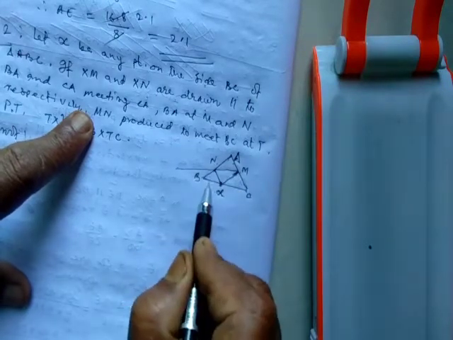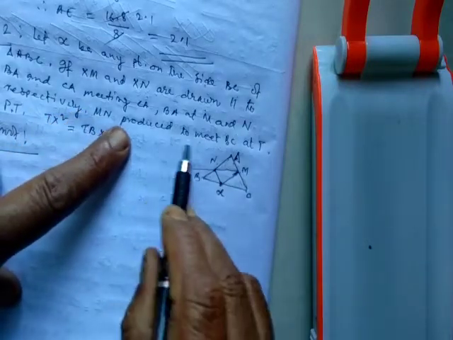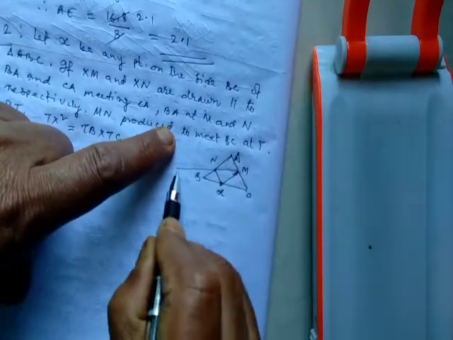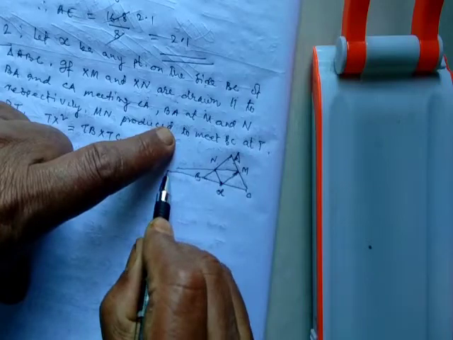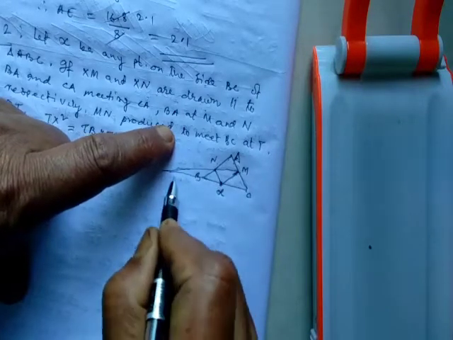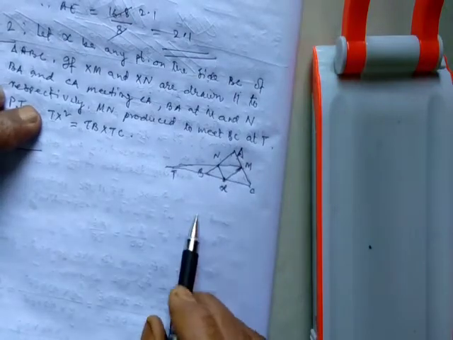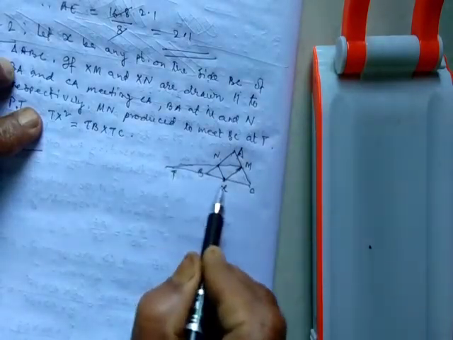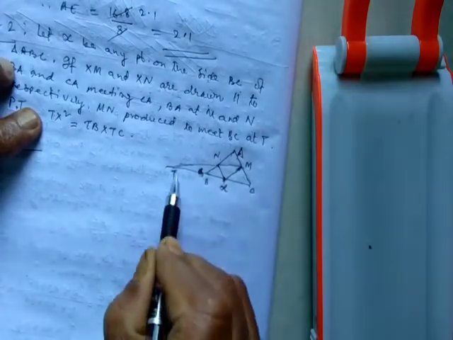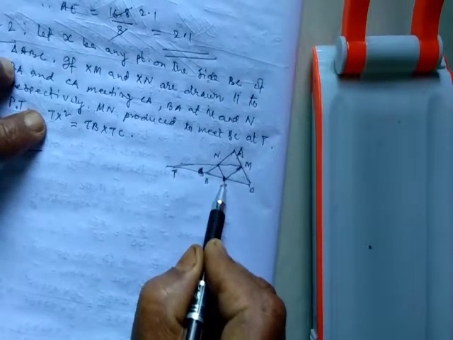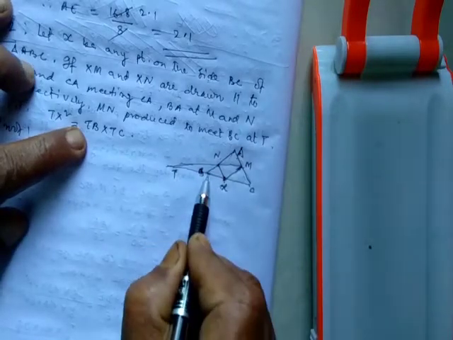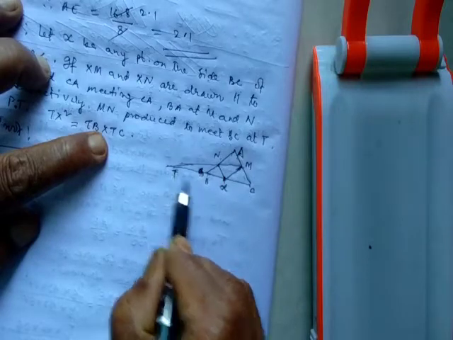MN is produced to meet BC at T. This BC also is produced, and it is meeting at T. Now you have to prove TX square is equal to TB into TC. This is what you have to prove.